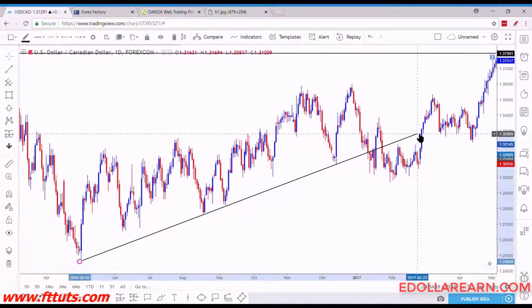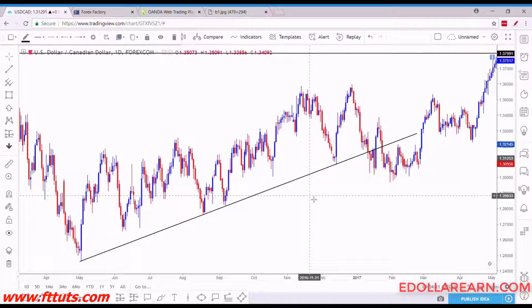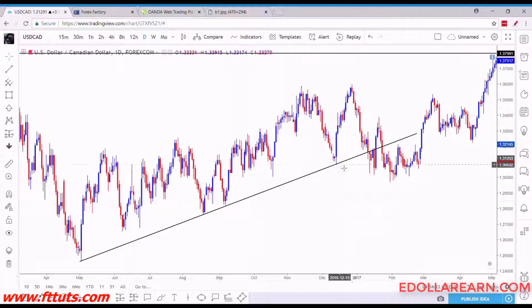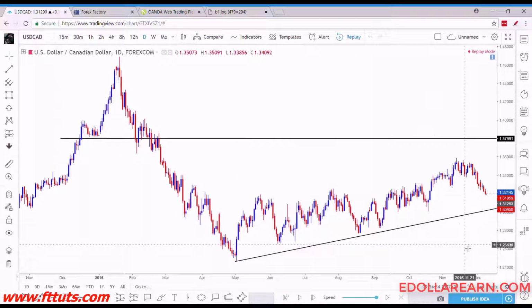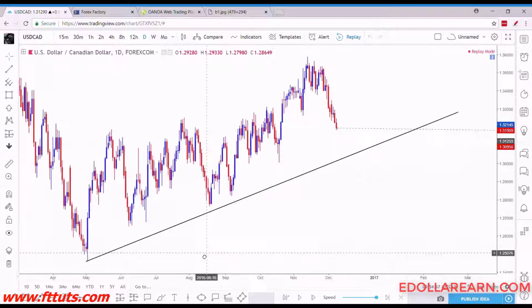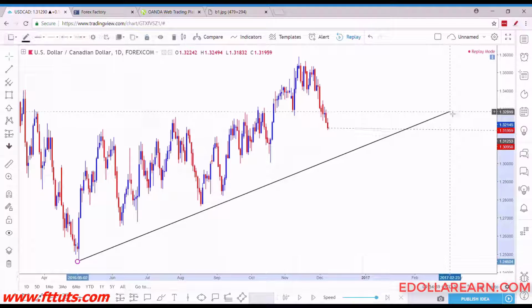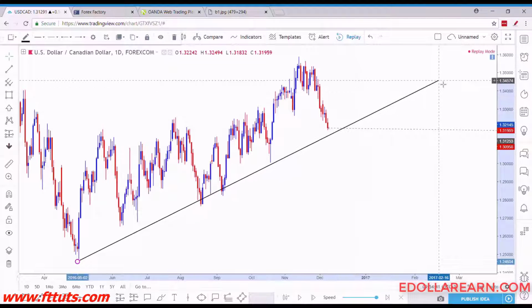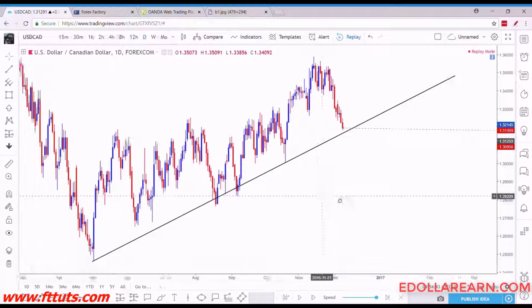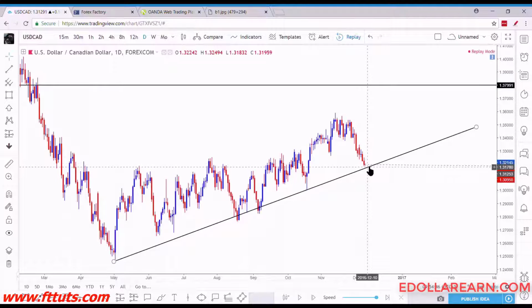So an example of this would be, that was the nice trend line. 1, 2, 3, 4 touches. All right. But some people would do, imagine now, let's put replay. Imagine the price was here. Some people would think, all right, well, the trend line is more something like this because they want to trade quickly.